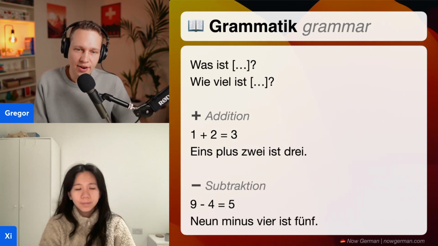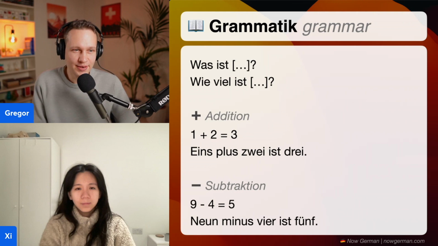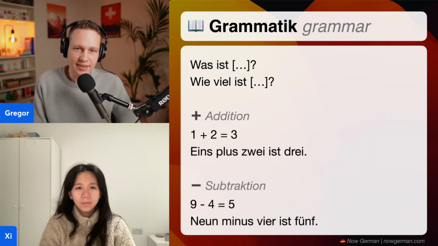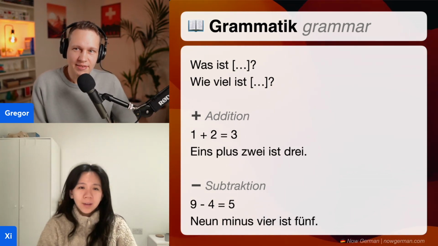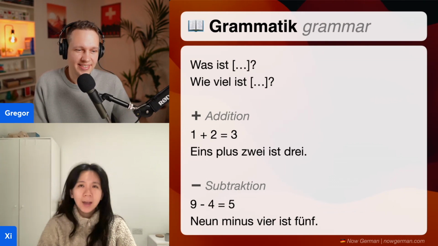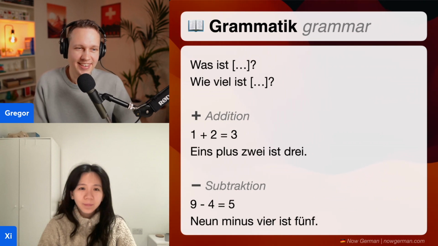All right, and now let's ask each other a few math questions. I'll begin. Was ist 2 plus 3? 2 plus 3 ist 5. Yes. And was ist 8 plus 9? 8 plus 9 ist 17. Yes. And was ist 14 minus 3? 14 minus 3 ist 11. That's right. Now, how about you ask me 3 questions?